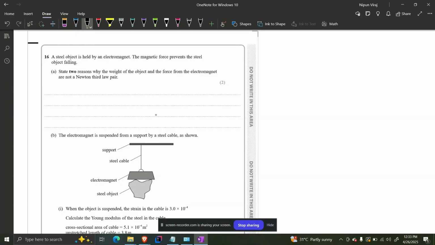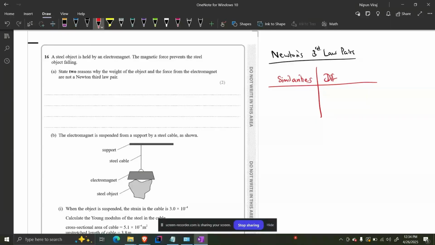Okay. So first of all, let's talk about Newton's third law pairs. If you consider Newton's third law pair, there are some similarities and there are also differences. Okay. So one similarity is magnitude equaling magnitude.